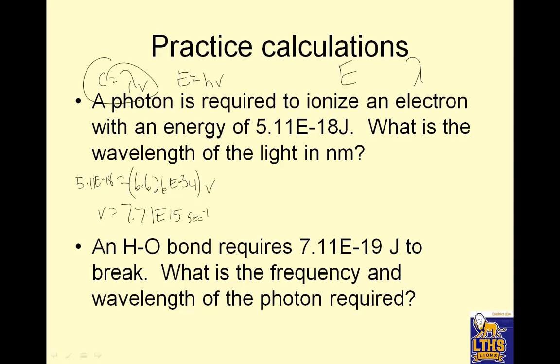If I want wavelength, there's that one. 3e8 equals wavelength times 7.71e15. Wavelength equals 3e8 divided by 7.71e15, and that would give me 3.89e-8 meters.